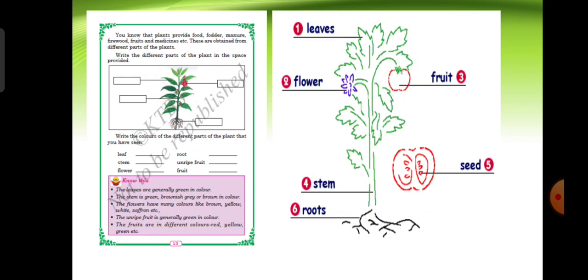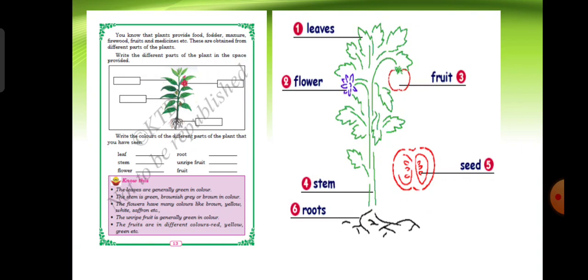So shall we see the parts of the plants? We have leaves, flower, fruit, stem, seed and the root. The leaves are generally green in color. The stem is green, brownish grey or brown in color.